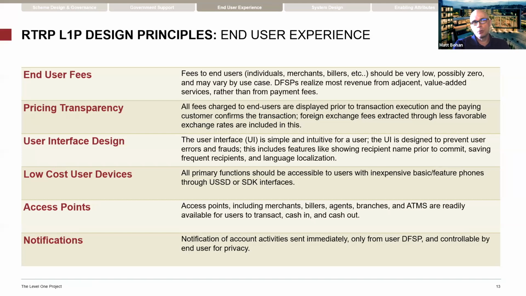So the end user experience. Obviously we talk about end user fees being low, even as low as 0. And to make that happen, we think of adjacent revenue streams as being important within the space. When there are prices, there needs to be price transparency, right?